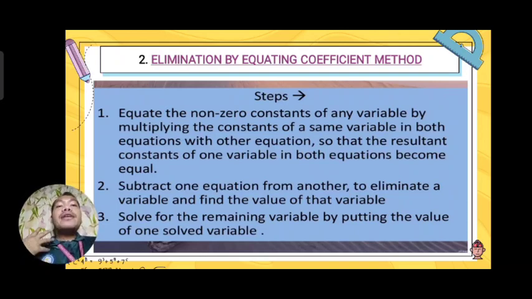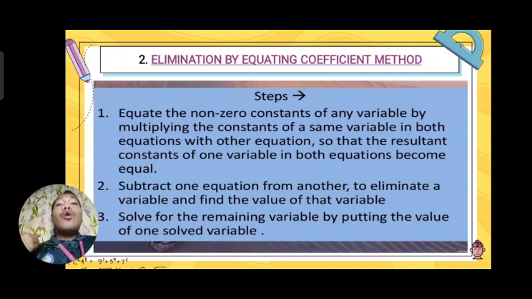Number 2, subtract one equation from another to eliminate a variable and find the value of that variable. And number 3, solve for the remaining variable by putting the value of the solved variable.